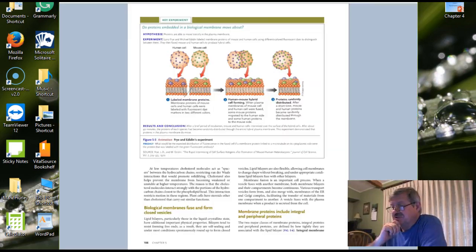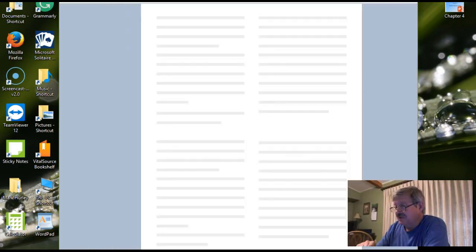So we looked at this experiment where they fused mouse and human proteins, and shortly after fusing these, the mouse and human proteins were intermingled with each other, showing that these proteins and the components of the membrane are not locked into place, but they are continually moving around. And so they became intermingled at random in very short order.